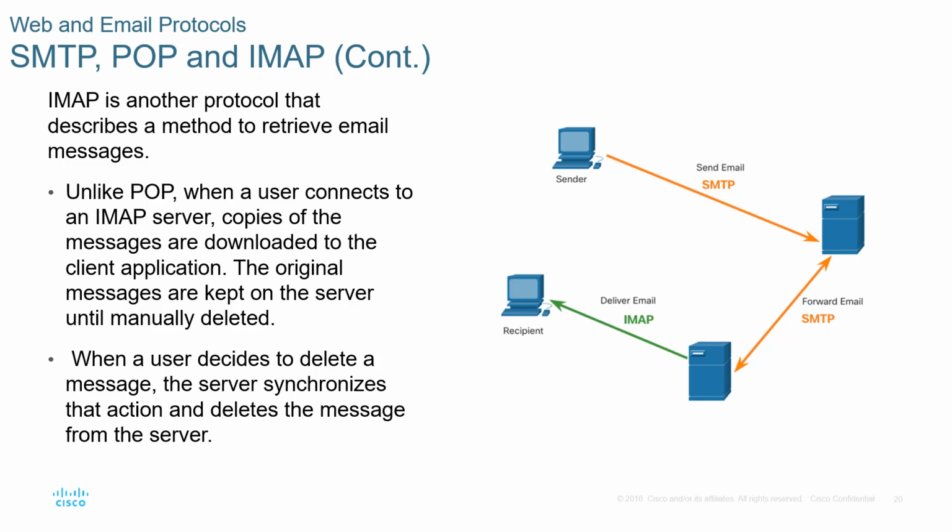The sender will send an email using SMTP. That will be sent to an email server. That server is also known as a mail transfer agent, MTA. The mail transfer agent will forward the email to the mail delivery agent, and that is going to be the recipient server. The recipient server is then going to deliver the email based off of whatever protocol you have.